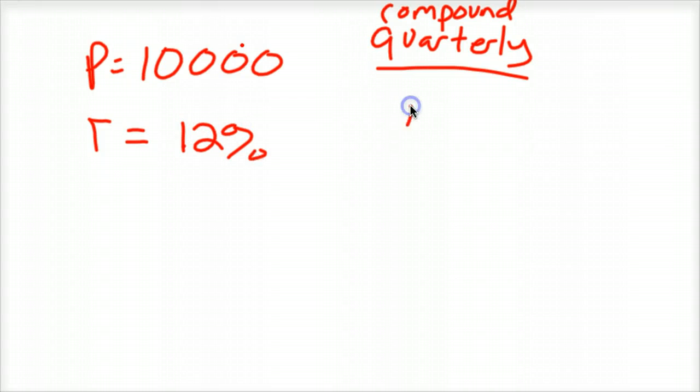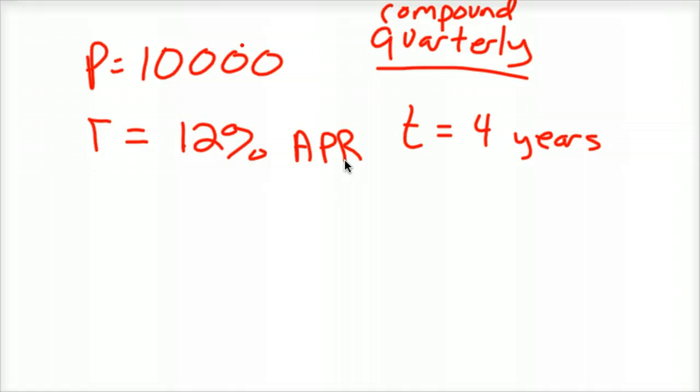And let's keep our time at 4 years. Okay. Well, the thing is, when you compound quarterly, we don't give all 12% interest in each quarter. We divide the 12% as an APR, annual percentage rate. So we've got to divide that up into 4 quarters.